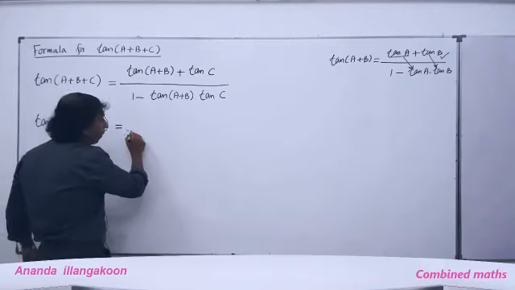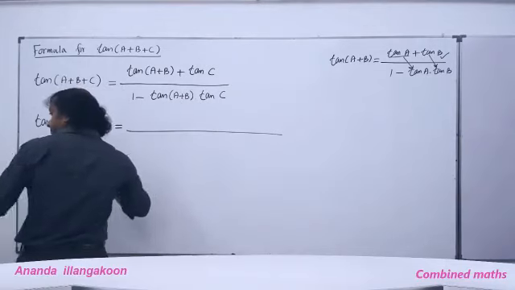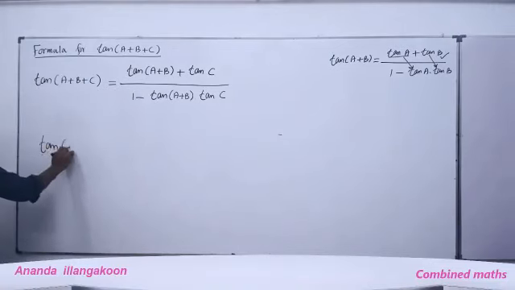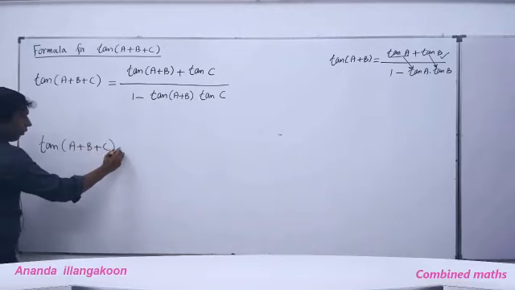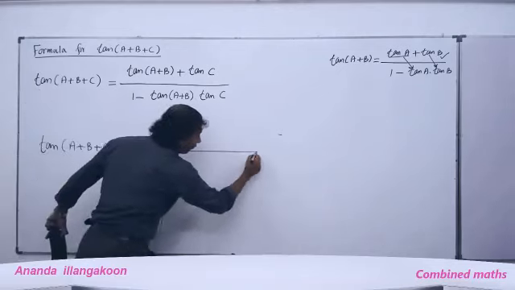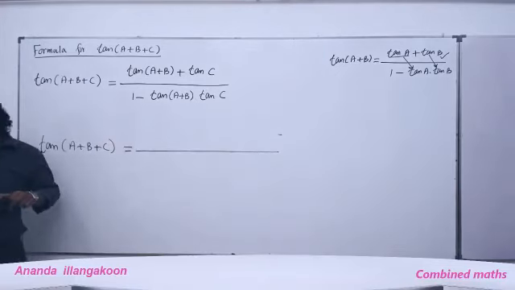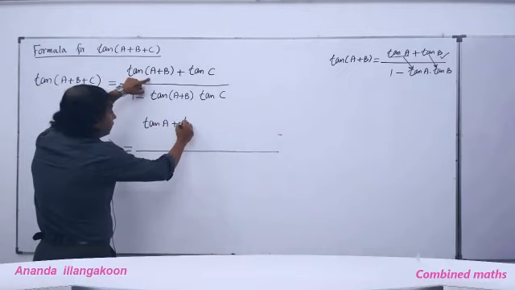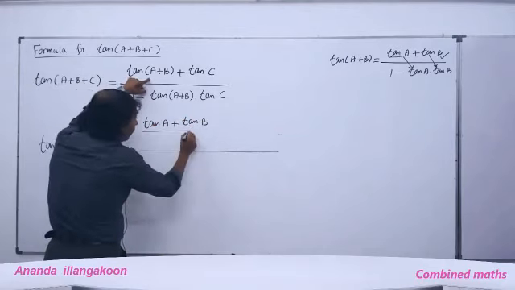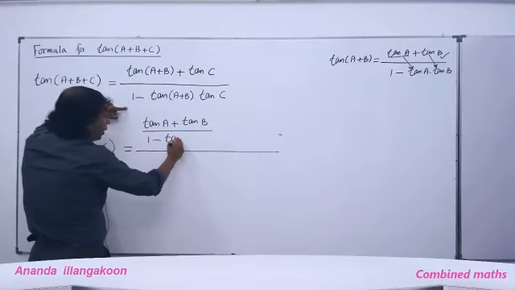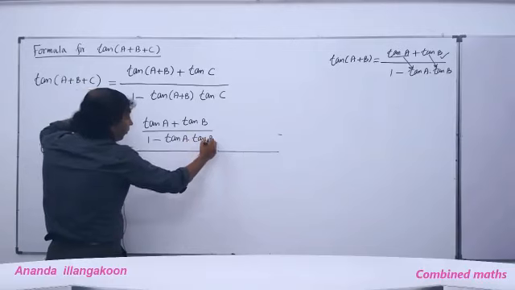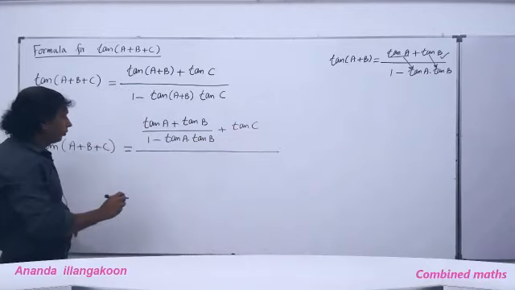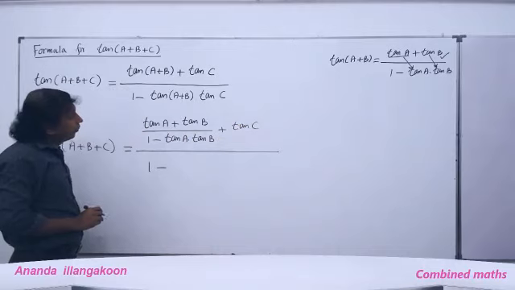I write this one: tan A plus tan B divided by 1 minus tan A tan B, plus tan B. Here 1 minus this one.